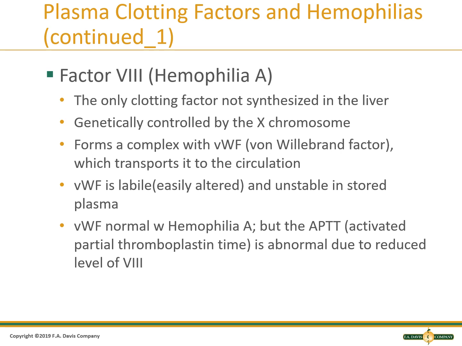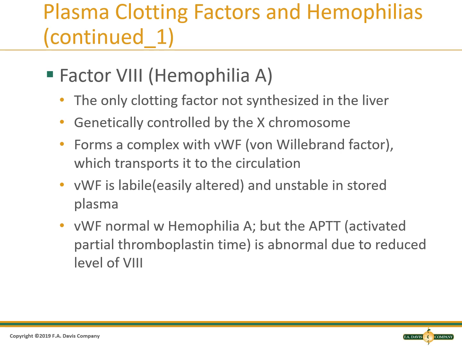Factor VIII is unique in a couple of different ways. One of the ways it is unique is that it is the only clotting factor that's synthesized in the liver. It's genetically controlled by the X chromosome, and it also forms a complex with the von Willebrand factor, which transports it into circulation.